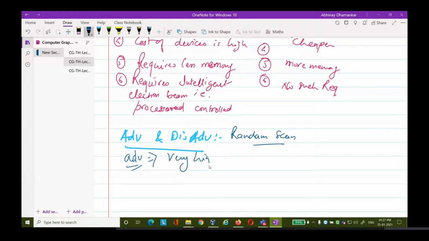Very high resolution we are getting, it is an advantage, and it is limited only by the monitor. It is provided with only limited monitors. So limited monitors evolved.